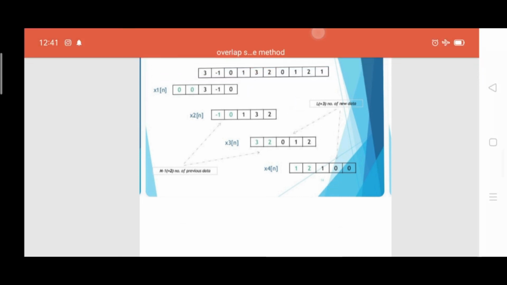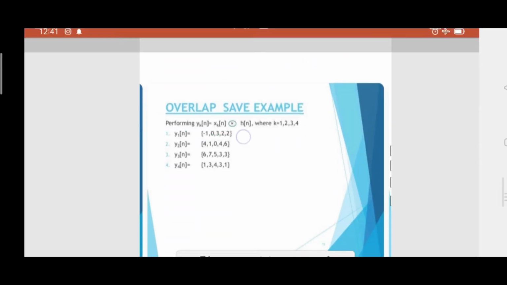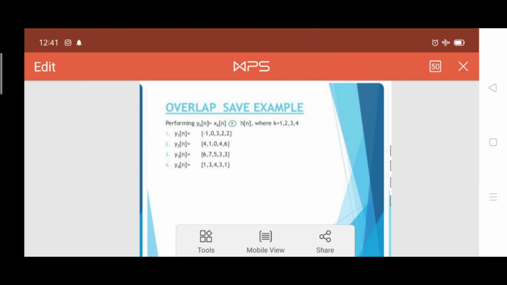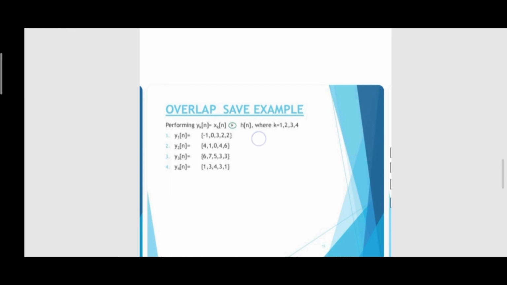In the next step, we are convolving x1 of n, x2 of n, x3 of n, and x4 of n with h of n. So y1 of n is equal to x1 of n circular convolution h of n, and y2 of n is equal to x2 of n circular convolution h of n, and y3 of n is equal to x3 of n circular convolution h of n, and y4 of n is equal to x4 of n circular convolution h of n.